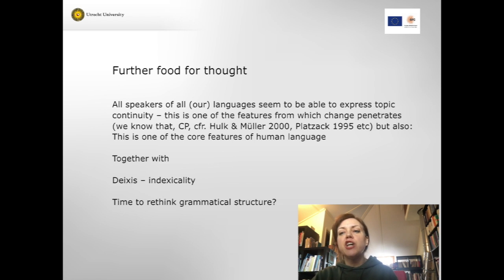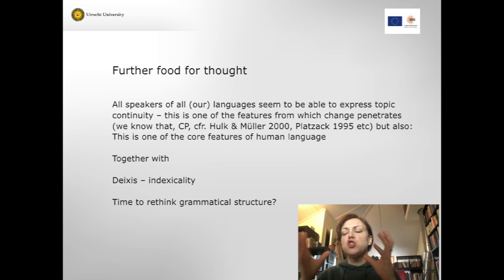And in general, the further food for thought is that all speakers of at least the languages we identify seem to be able to express topic continuity, and not just express it, but have the need to grammaticalize information about topic continuity. Topic continuity seems to be different from every other discourse-related function.